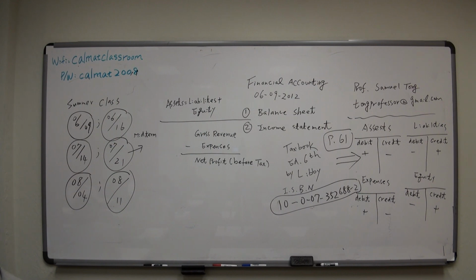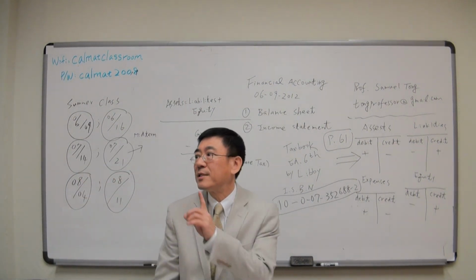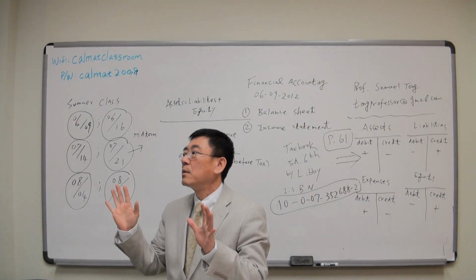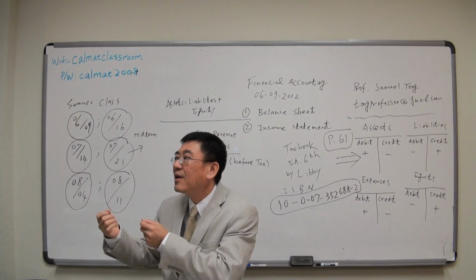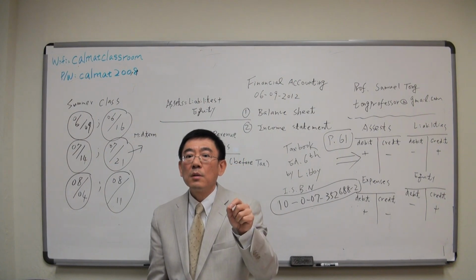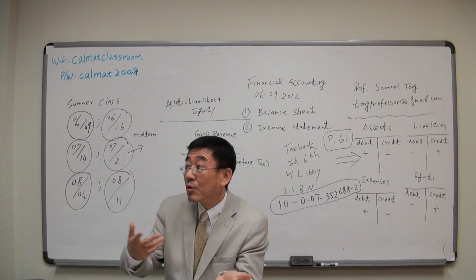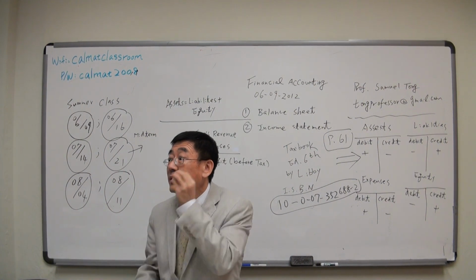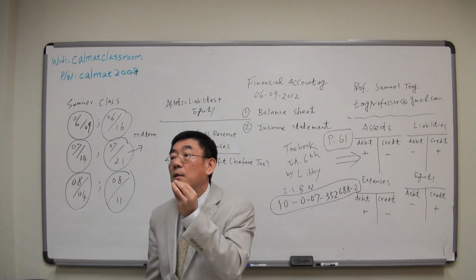What else? Let me give you one hint. In the accounting world, when we say transaction, it's not really trading, not sales or purchase. A transaction means something happened which is going to affect your accounting.